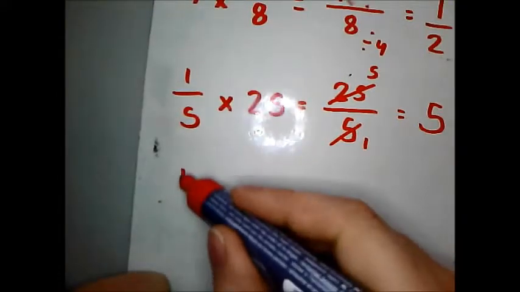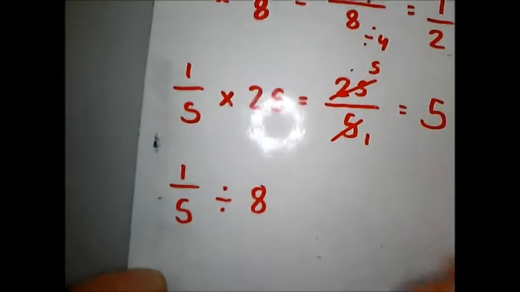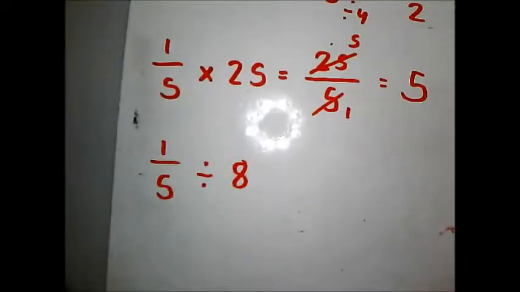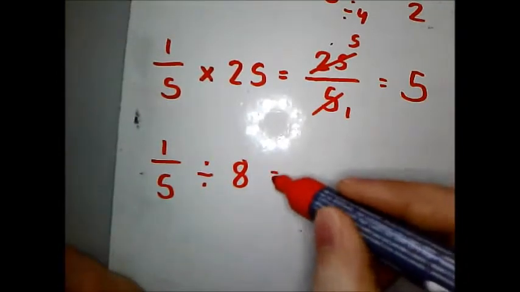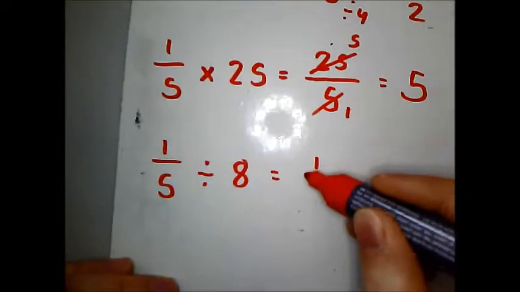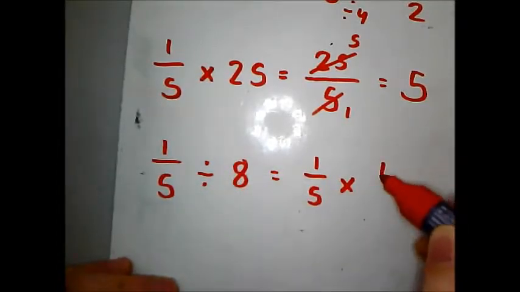Next question, a fifth divided by 8. Now, when dividing whole numbers and fractions together, we look at the right side and do the reciprocal of it, and we multiply it. So that's going to be a fifth multiplied by the reciprocal, so the number upside down.